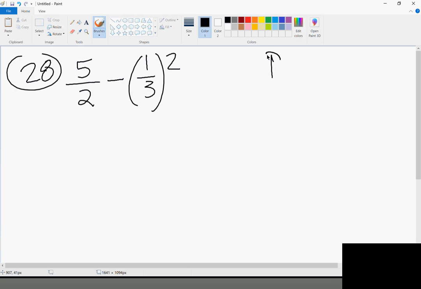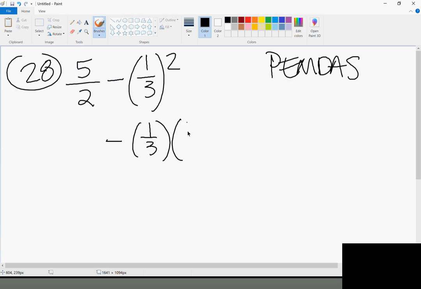So let's take care of the exponents first, because that is required in my order of operations. This is a good one here, because the base for this exponent of 2 is 1/3. So 1/3 squared is 1/3 times 1/3.